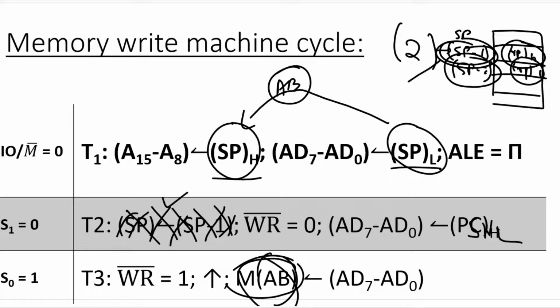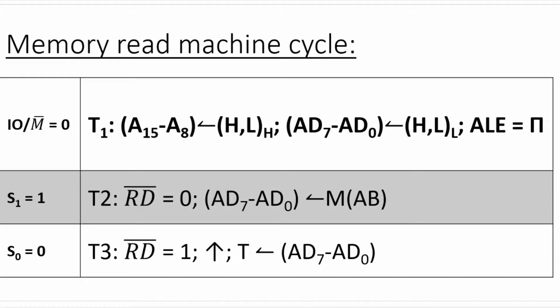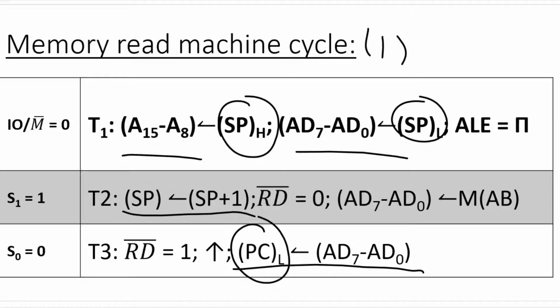Now the opcode fetch machine cycles, the macro RTLs. You have the opcode fetch machine cycle, and in this case you will have the normal opcode fetch machine cycle, and in the T4 state, pop RP will be equal to 1. Fine. And then you will have 2 memory read machine cycles. In the memory read machine cycle, A15 to A8 will be loaded with the stack pointer address.